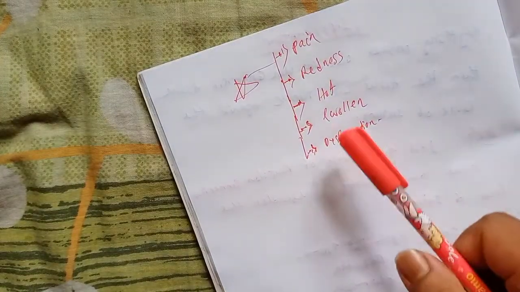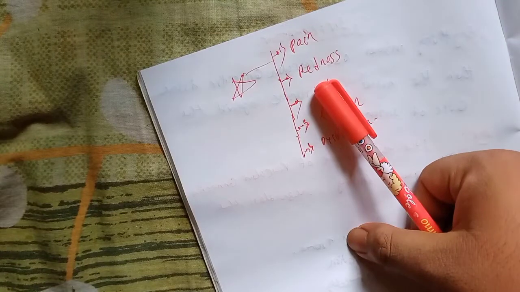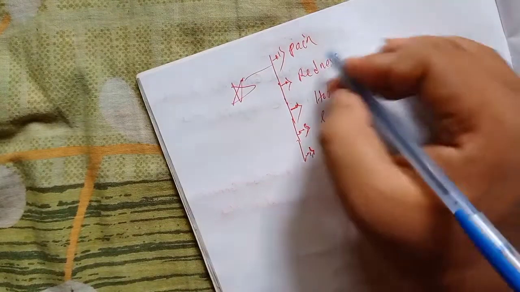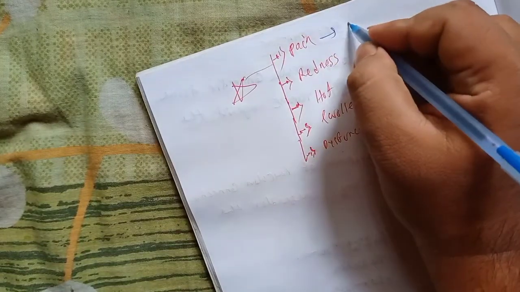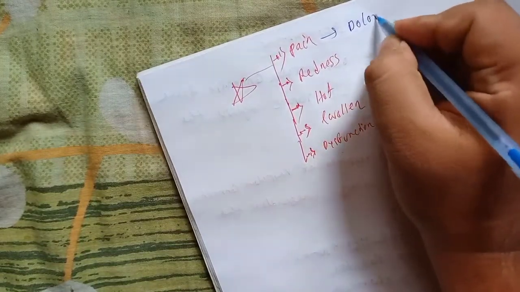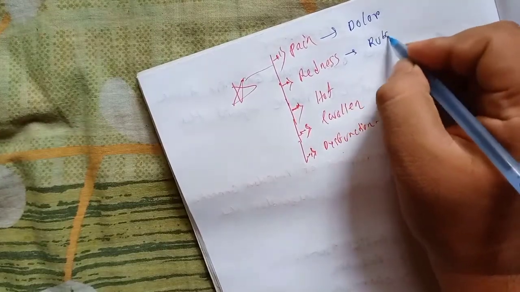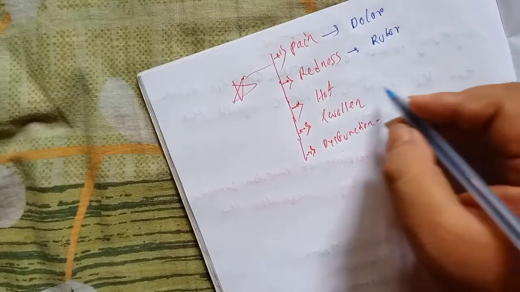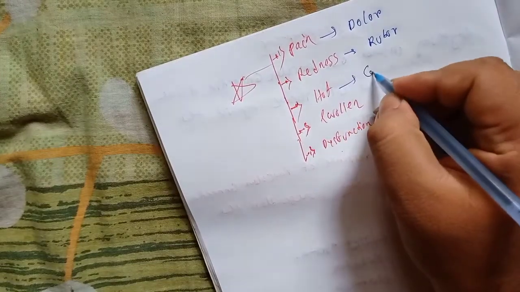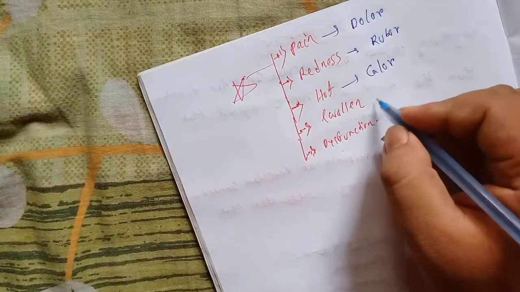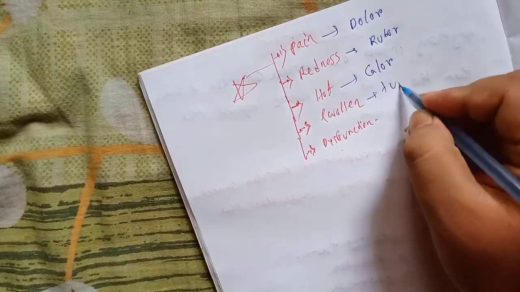Now you know it. We can say these things in other terms: we say pain in terms of dolor, redness as rubor, hot in terms of calor, and the swollen portion we say tumor.